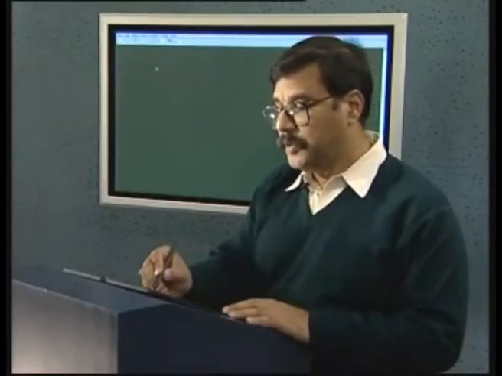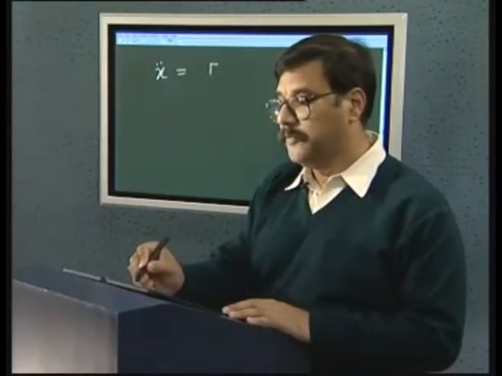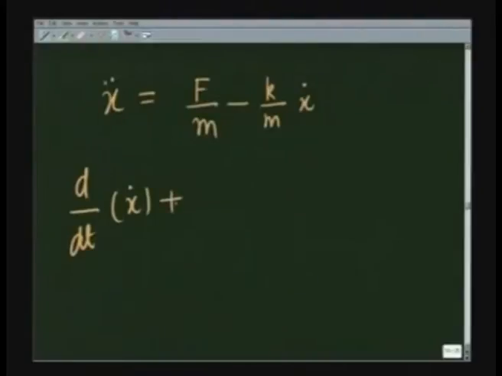If I rewrite the equation, it will come out in the form of x double dot is equal to F over m minus k over m x dot, or d over dt of x dot plus k over m of x dot is equal to F over m.